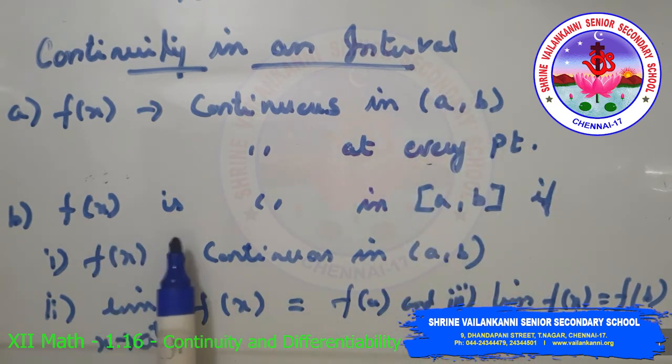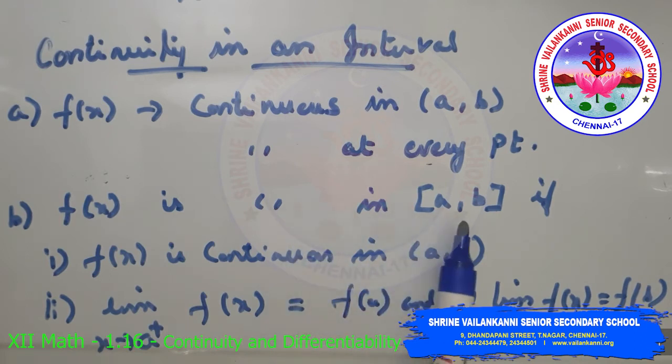Then f of x is continuous in the closed interval a comma b if it satisfies three conditions: f of x is continuous in the open interval a comma b, limit x tends to a plus, that is right hand limit, f of x equal to f of a, and limit x tends to b, left hand limit, f of x equal to f of b. Then we can say that f of x is continuous in the closed interval a comma b.